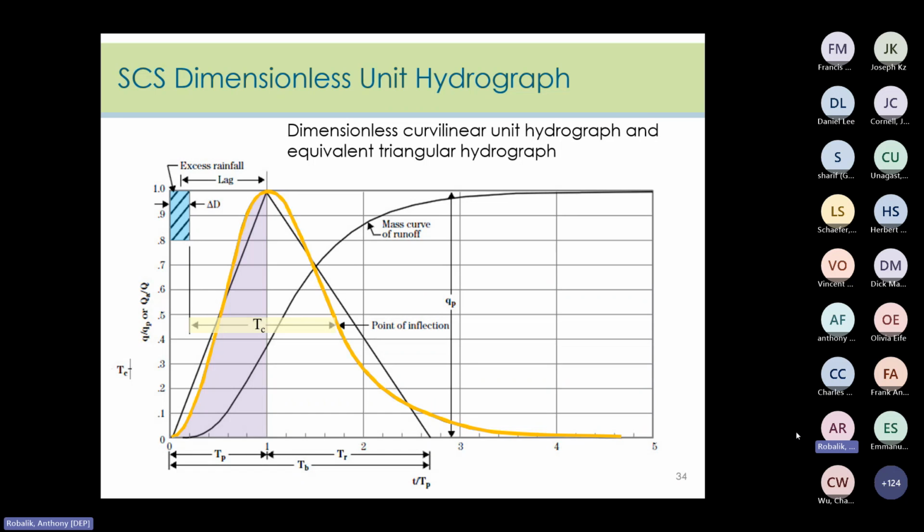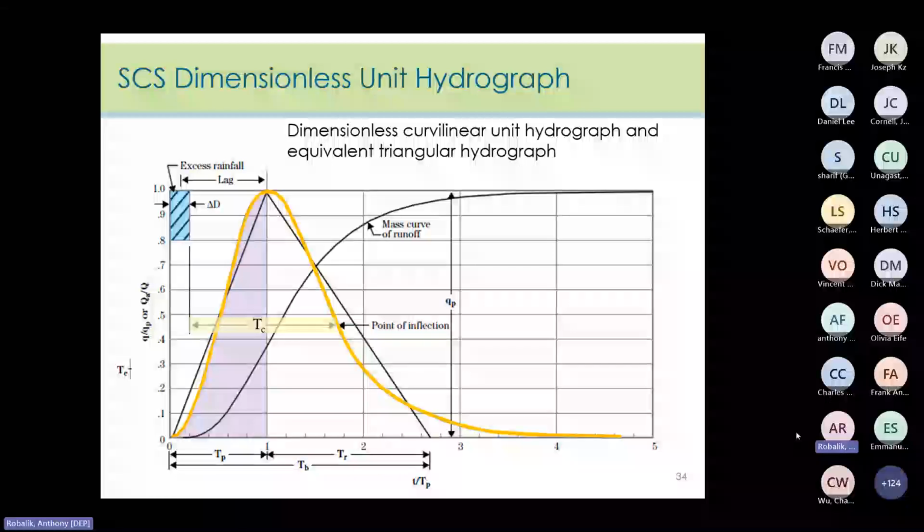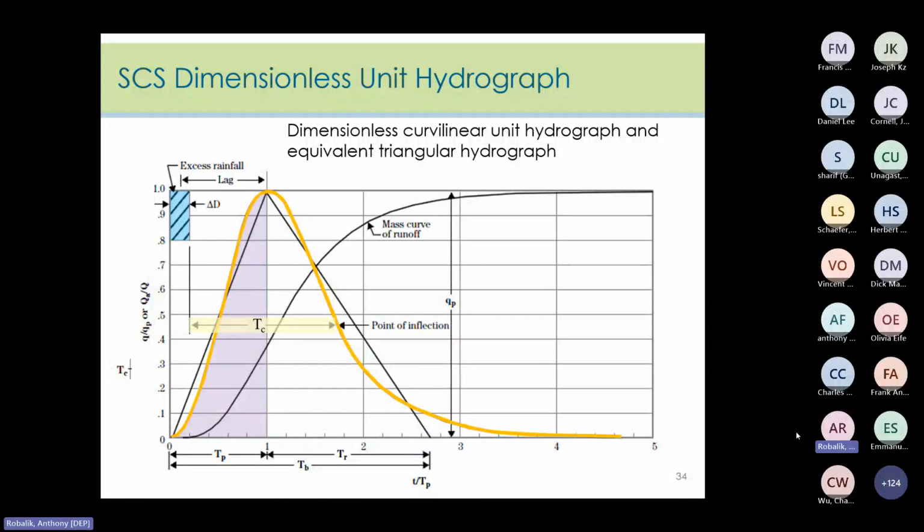In development of this runoff hydrograph, the runoff discharge is nonlinear in relation to the time of the rain event, in accordance with the NRCS observations from many natural unit hydrographs developed for various watersheds. The dimensionless unit hydrograph that was developed has a peak rate factor, or shape factor, of 484, which means that 48.4% of the total runoff volume is discharged before the peak time, and the remaining 51.6% is discharged after the peak time.